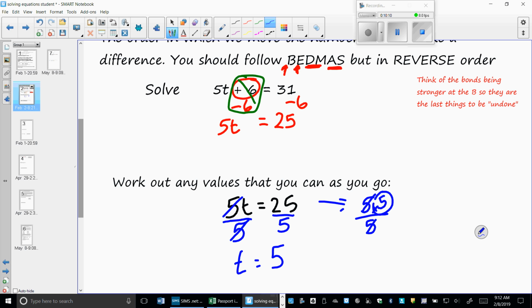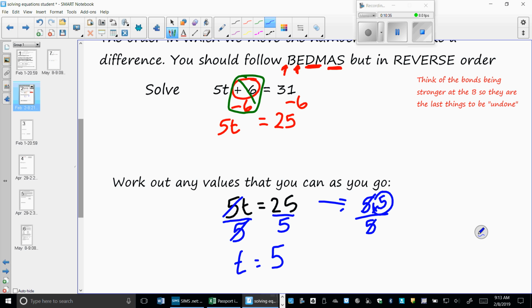Is that a question, Sarah? Yes. But now we have to go back to the actual original question, because now we know that t equals 5, so we're doing 5 times 5 plus 6 equals 31. Now, if we have time when we're doing an exam or a test, that is a brilliant idea, because what you're doing is checking your answer is correct.